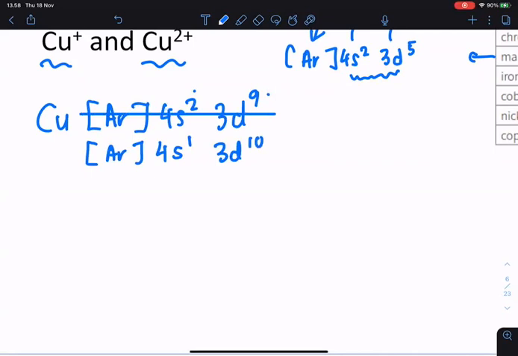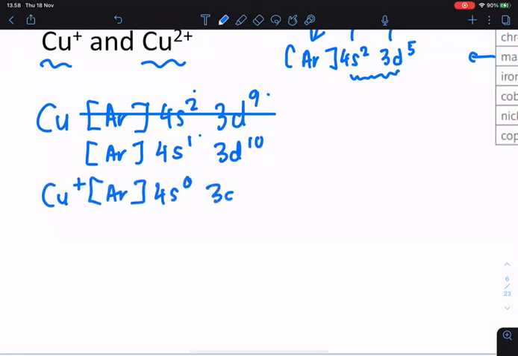So we don't use the other one anymore. Please remember that. Now if I want to have Cu+, you are removing 1 electron. So you remove 1 electron from 4s, and you will have argon 4s0 3d10. If you want to remove 1 more electron, which is Cu2+, it is possible because 4s and 3d have similar energy level.